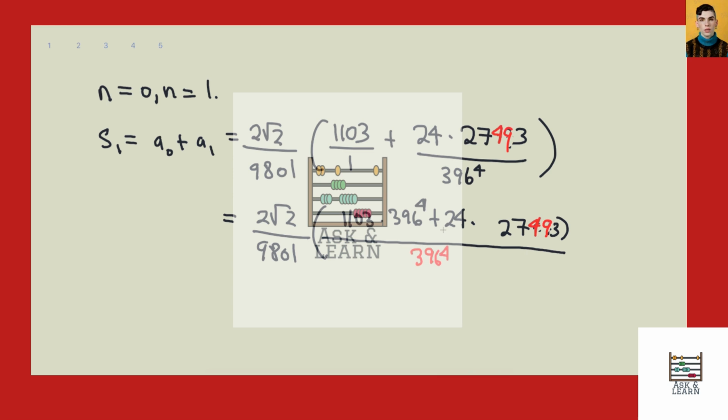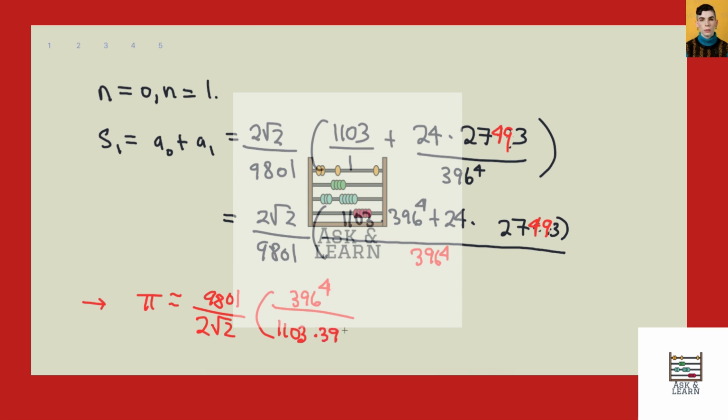Okay, so then take the inverse of that and get your pi, because remember, that's 1 over pi. So for pi, we get approximately 9801 over 2 root 2, and then we flip this fraction here, and then we're basically finished.